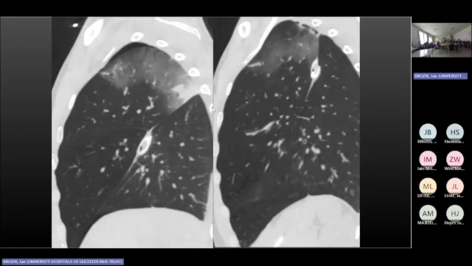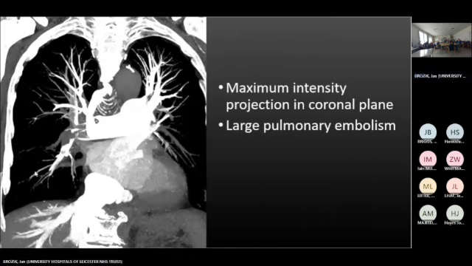So yes, we can do all sorts of fancy images. So this is not in colors, but still very nice. This is called maximum intensity projection. It's in the coronal plane, so you can see the pulmonary artery and large filling defects, and reflux of the contrast deep into the hepatic veins, just tricuspid regurgitation.